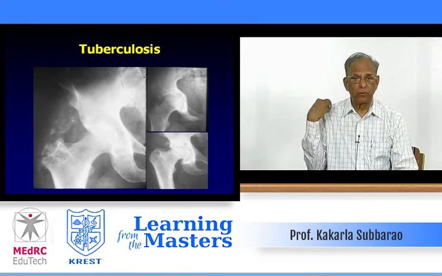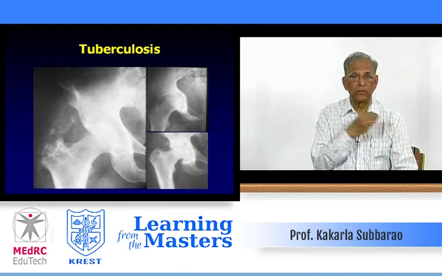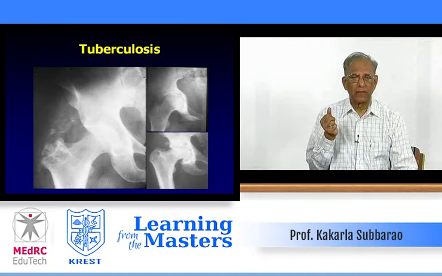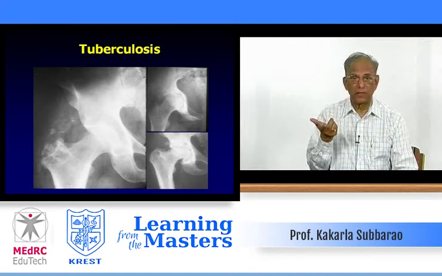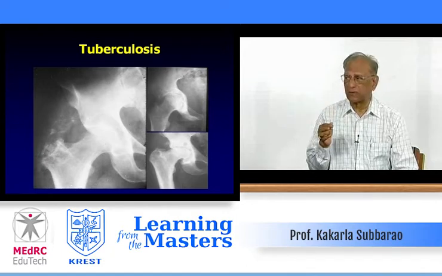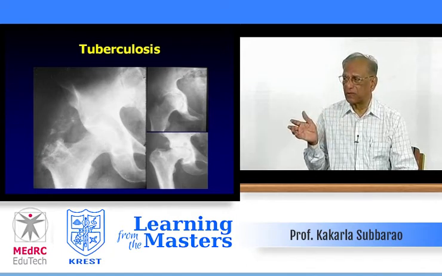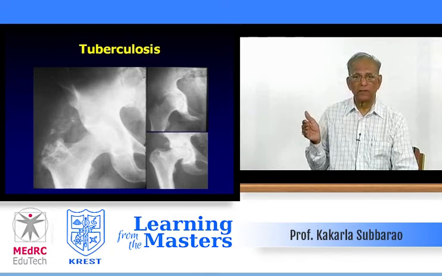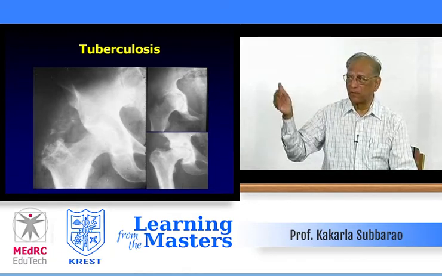Because bony protuberances like acromion, greater tuberosity, greater trochanter, ischial tuberosity, iliac crest, these are some of the bony protuberances which are commonly involved by tuberculosis. One on your right side, tuberculosis of the hip joint, but then you see variable amount of sclerosis.